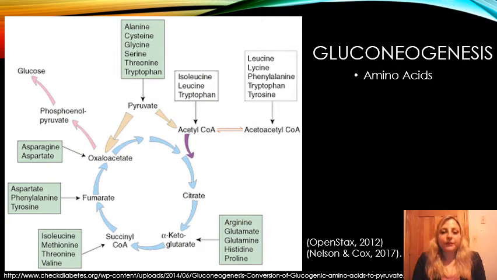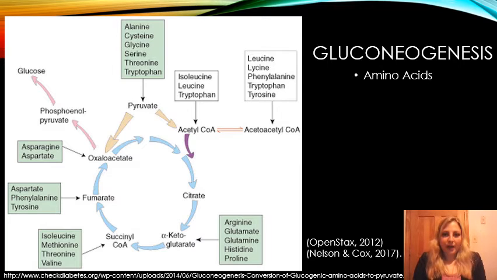Another form of fuel for gluconeogenesis are amino acids. Pictured in more detail here, these amino acids undergo transamination to enter as Krebs cycle intermediates, pyruvate, acetyl-CoA, or acetoacetyl-CoA, as pictured.